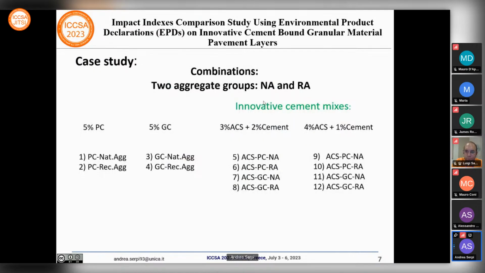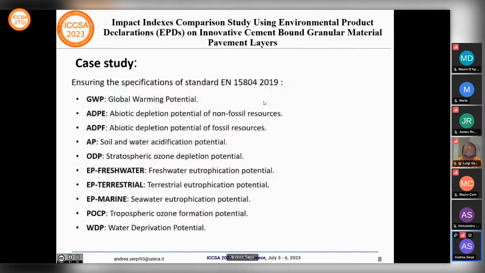We have studied 12 mixed designs, divided into aggregate groups, recycled aggregates and natural aggregates. At first, the mixed design with 5% of Portland cement and then 5% of green cement. On the other hand, the innovative mixed design, first with 3% of sulfate and 2% of cement, and then 4% of sulfate and 1% of cement.